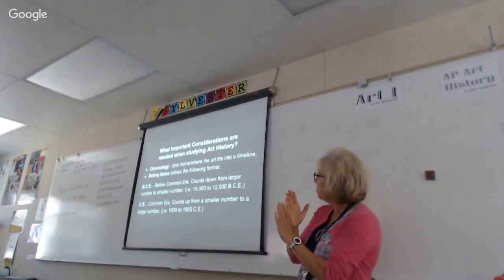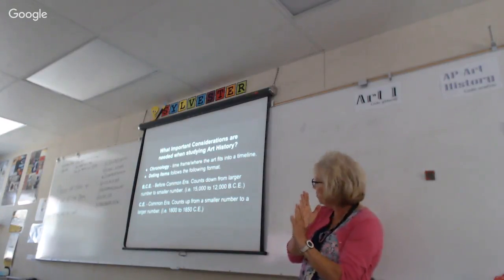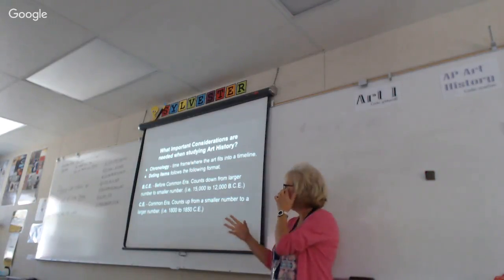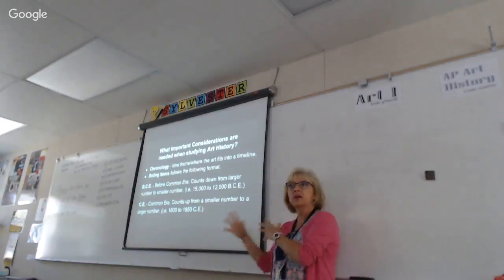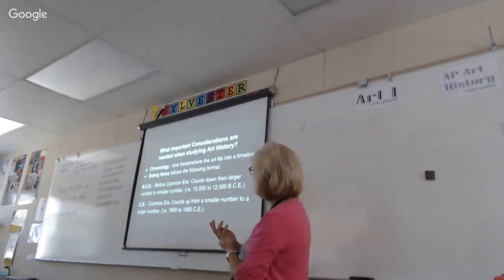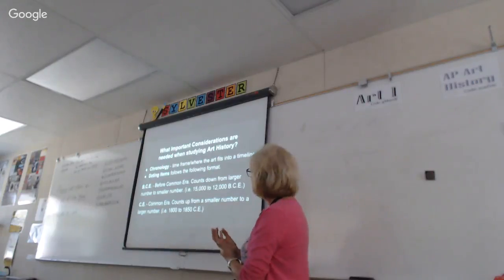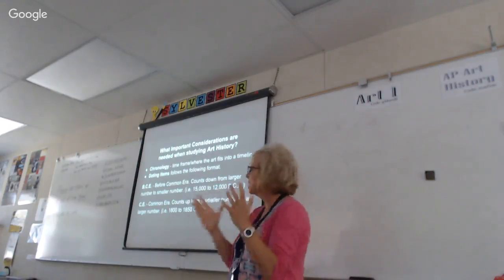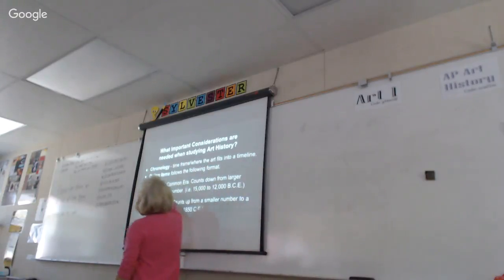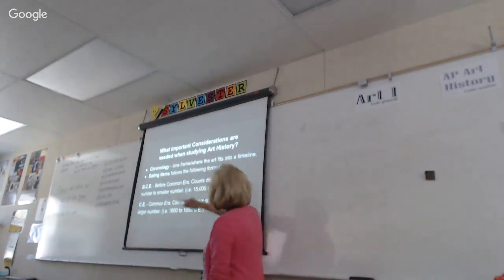What happens is that people have gotten away from that and are more secular, and they really don't want to reference the life and death of a certain religious person. And so rather than just figuring it out completely, they just change the name. So it can still be confusing. For our purposes, BCE means before Common Era, and it counts down from a larger number to a smaller number.